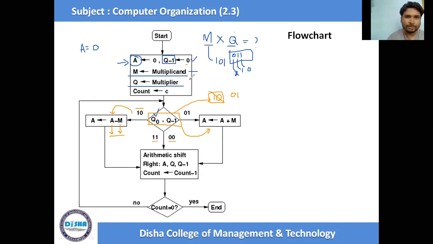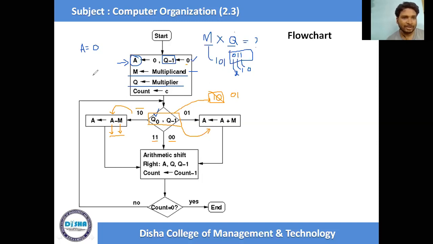If the value is 1 1 or 0 0, we are not going to do any arithmetic operation, we are going to simply shift the value. Since we are taking these two values, q0 and q minus 1, the possible values are 0 0, 0 1, 1 0 and 1 1. So when we get 1 1 or 0 0, there is no arithmetic operation, we just shift the value in the right direction.